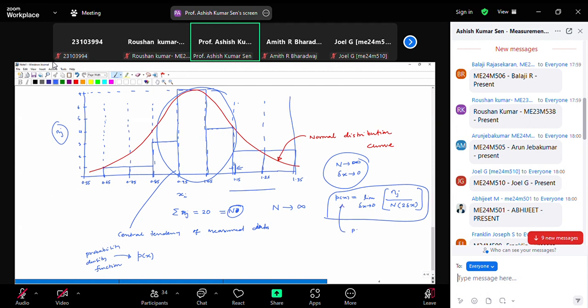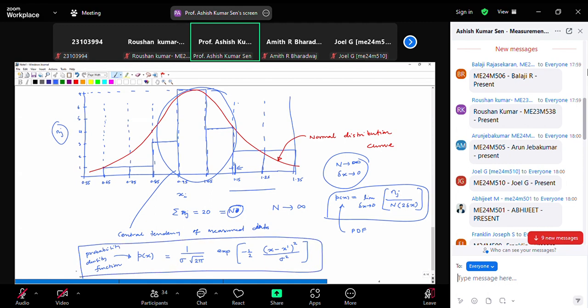This is called the probability density function. For the normal distribution curve, this probability density function has a formula which is 1 over sigma square root of 2 pi times exponential of minus half (x minus x prime) squared divided by sigma squared. Here, x prime is basically the true value.